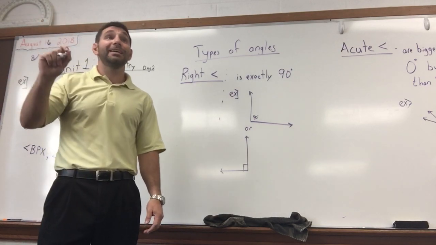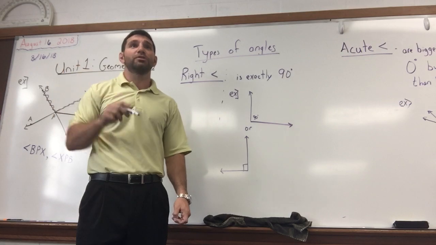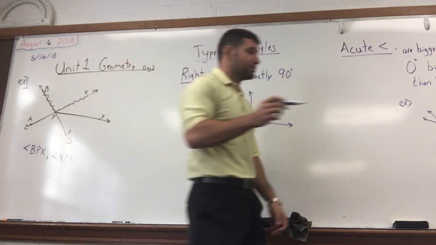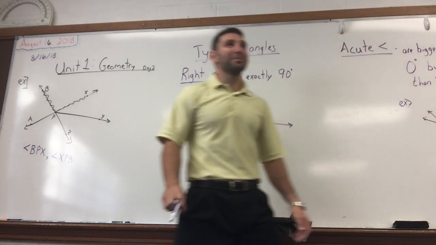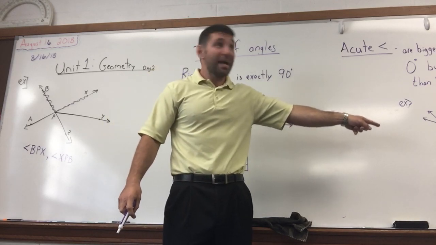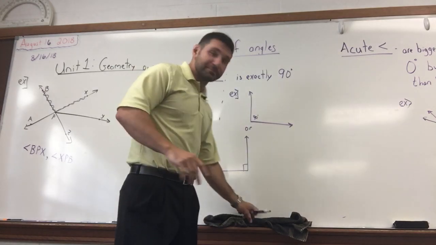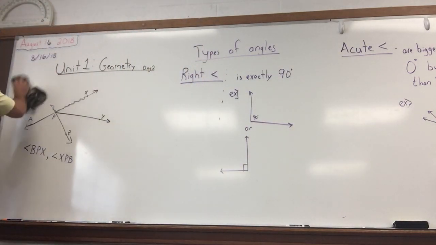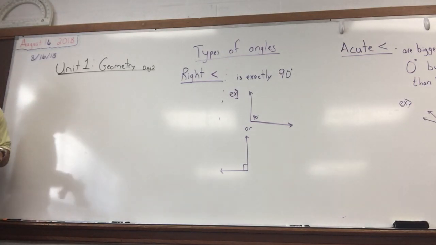How can I guarantee, as the teacher, that I know it's less than 90 degrees? Watch what you can do. If I say draw one, and I'm like, oh man, that might be 90. Put a measurement in there that's less than 90. Is that now an acute angle? Absolutely. Is 70 between 0 and 90? Yep. If it was a right angle, I can just put like 70. Sure. Unless you actually measure it, how will I know?